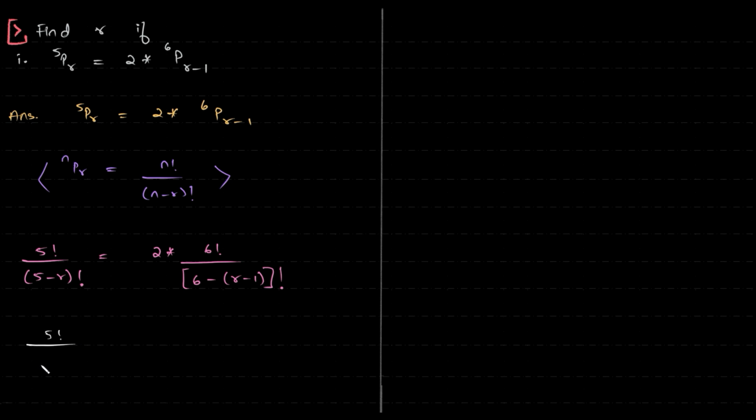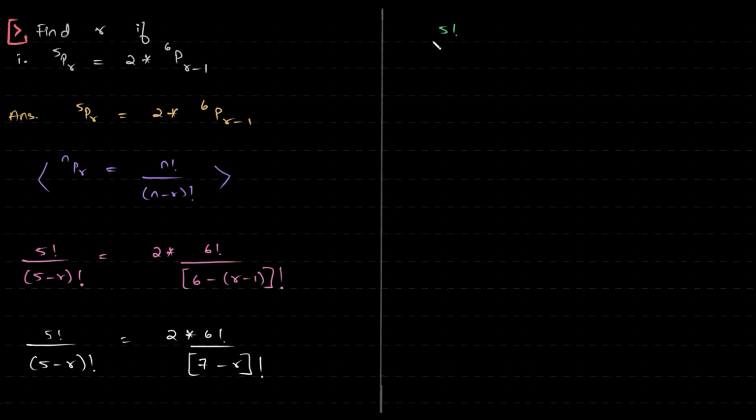A bit of simplification and we have 5Pr is equal to 2 times of 6 factorial divided by, see, minus of minus is plus, so plus 1, 6 plus 1, that is (7 minus r) factorial. Now a bit of cross multiplication and all of that.